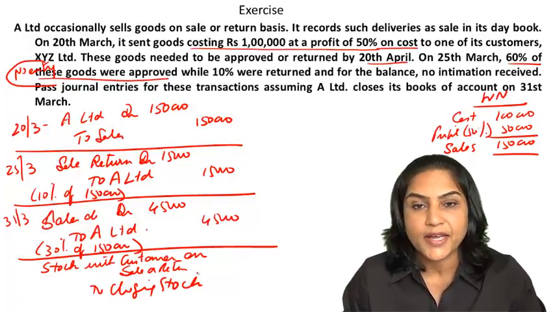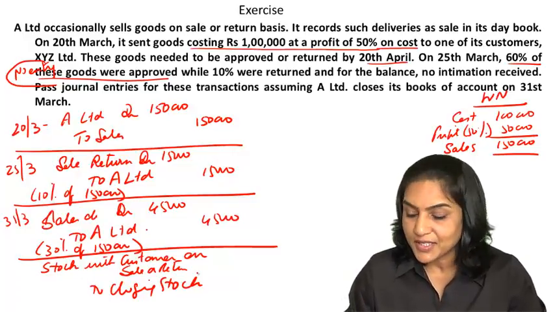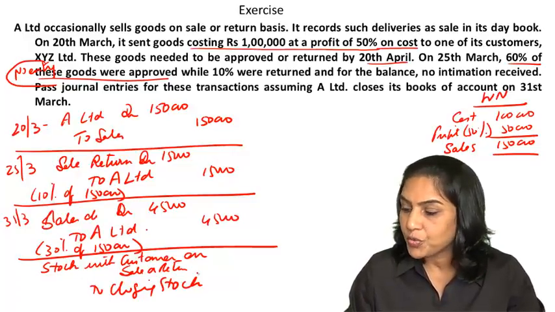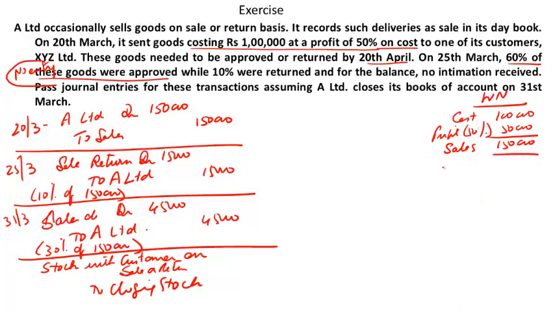Since we have sold at a profit, we would consider this value at cost. What would be the value? It would be 30% of the original cost of 1 lakh. This would be the scheme of entries as at 31st March.